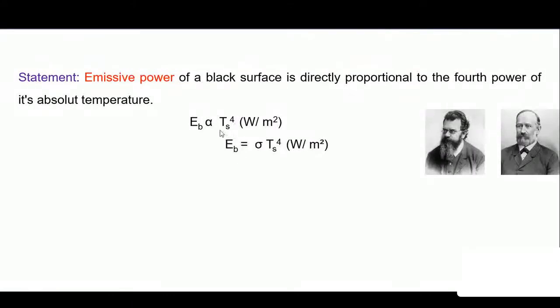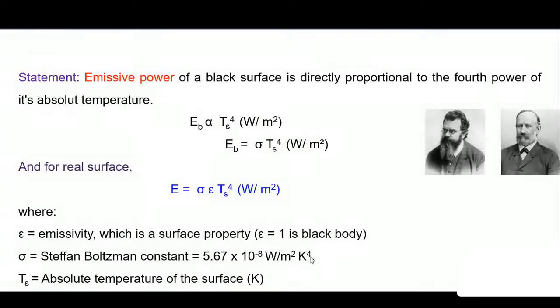And if you remove the proportionality constant, you will get emissive power of a black surface is equal to sigma into Ts raised to power 4, where sigma is the Stefan Boltzmann constant, whose value is 5.67 into 10 to the power minus 8 watt per meter square Kelvin raised to power 4. You can see this, Stefan Boltzmann constant.